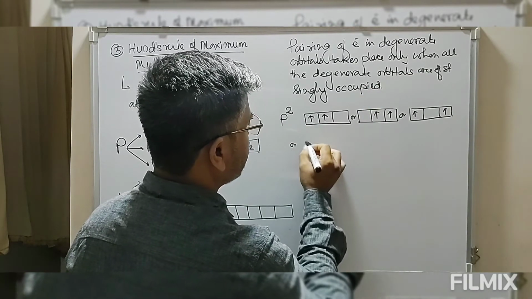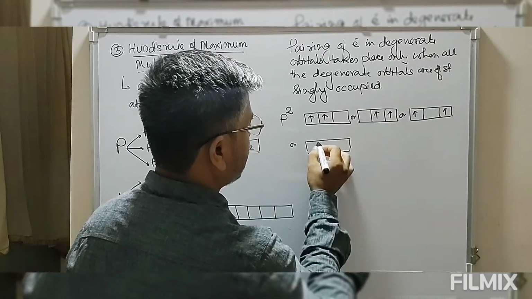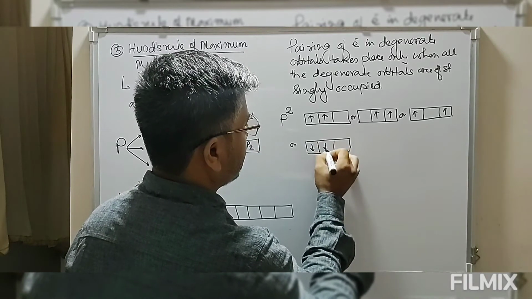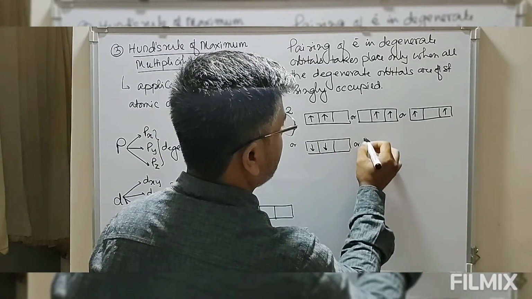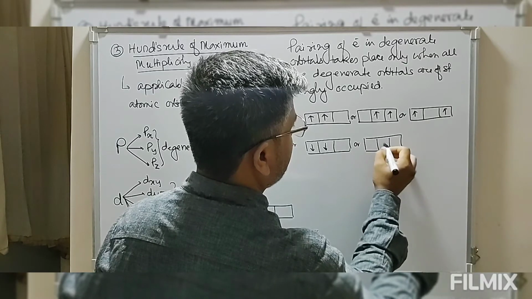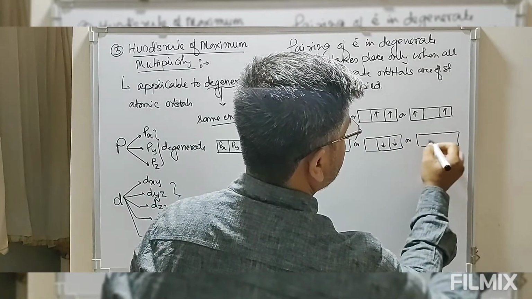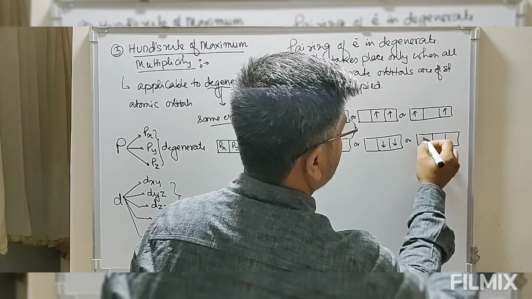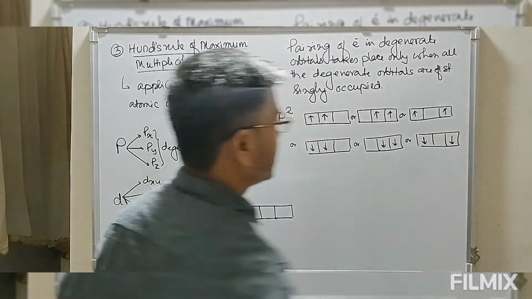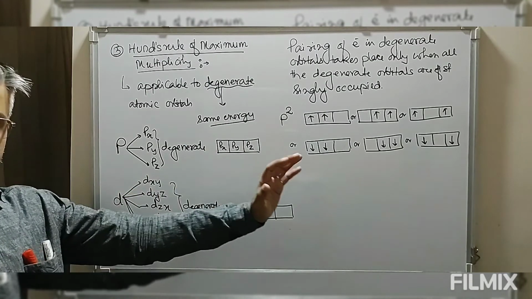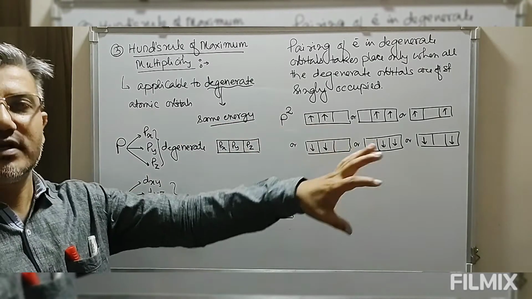Or we can have this, so this is again a second possibility. Each orbital has one electron.